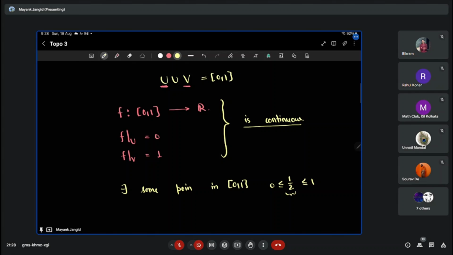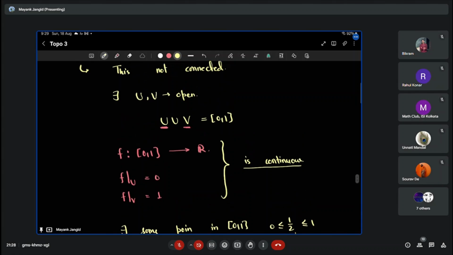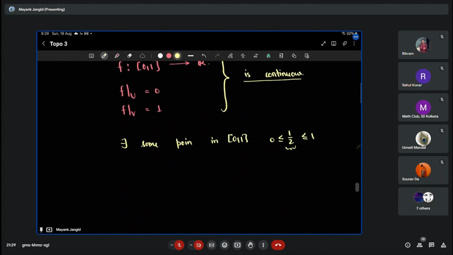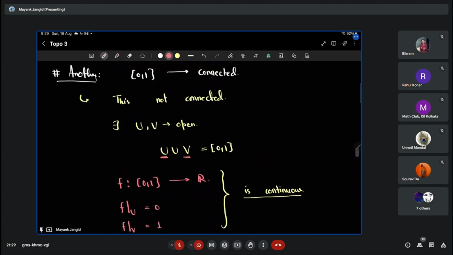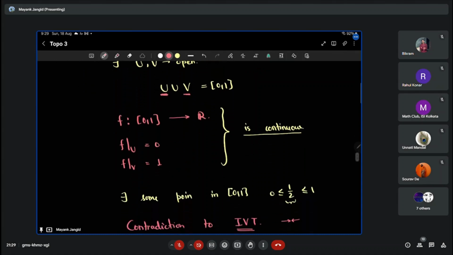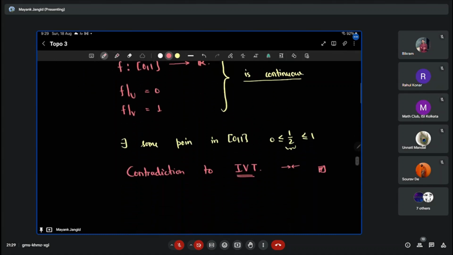So this construction contradicts the intermediate value theorem. Therefore, the set [0, 1] must be connected.